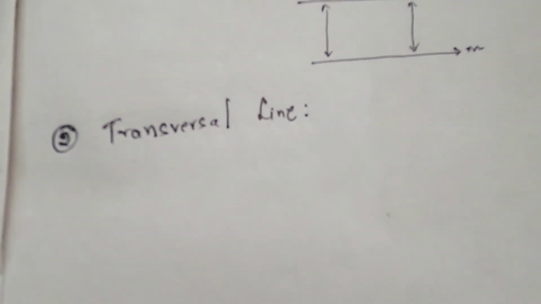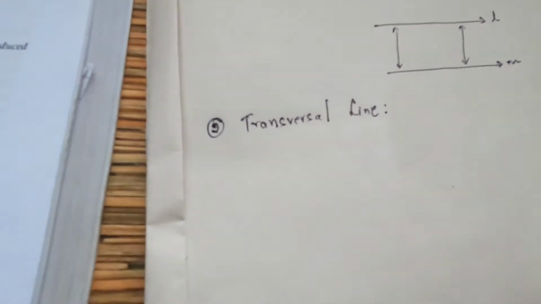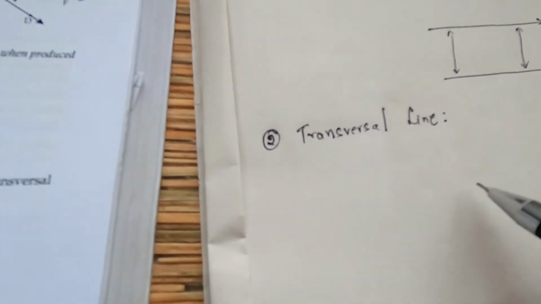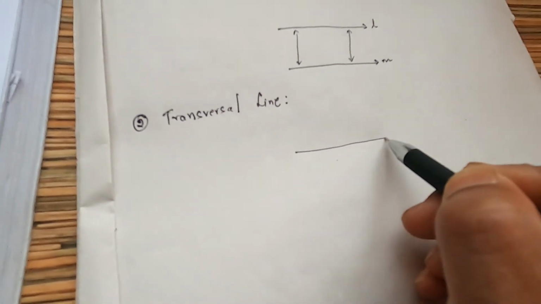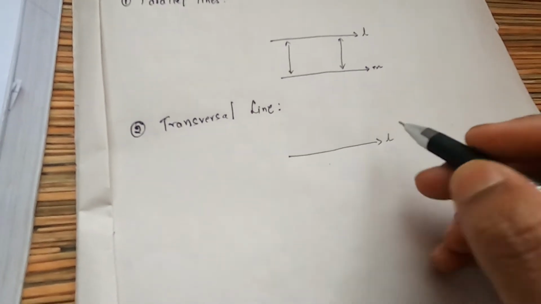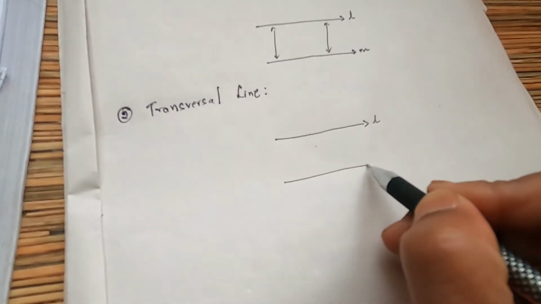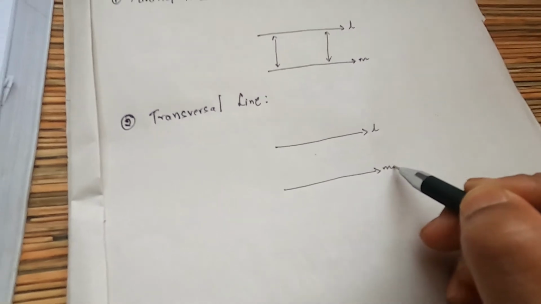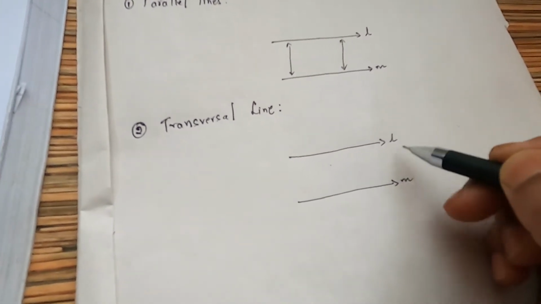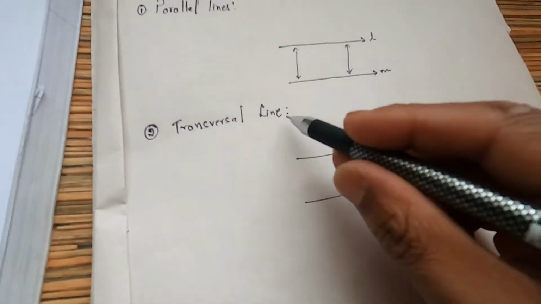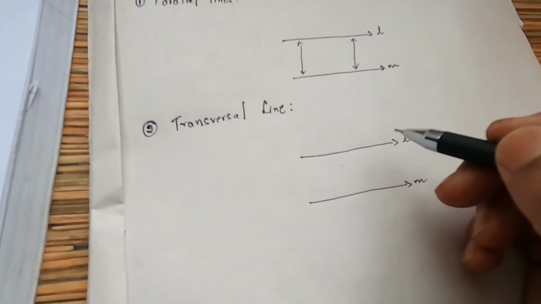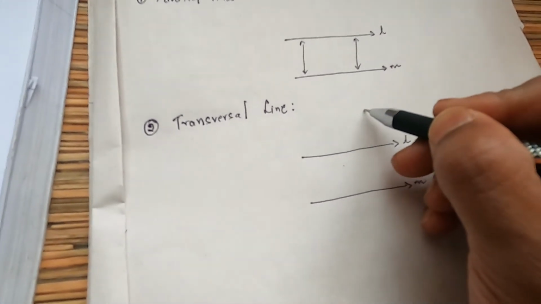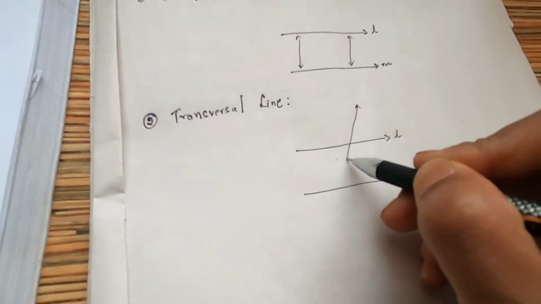So what is the transversal line? A transversal line is basically a line. So we have two parallel lines. This is line L and this is line M. So these two lines are parallel lines. A transversal line is basically a line that cuts two or more lines.